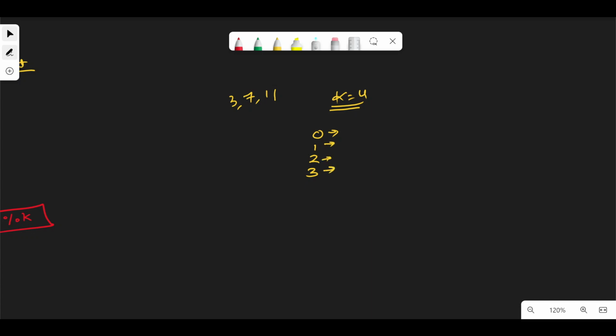And let's count for each and every number. For 3, the remainder is obviously 3. For 7, the remainder is 3 also, when you divide it by 4. For 11, well, 4 times 2 is 8, and the remainder is again 3. So for all of 3, 7, and 11, the remainder is 3, and for everything else, the remainder is 0.